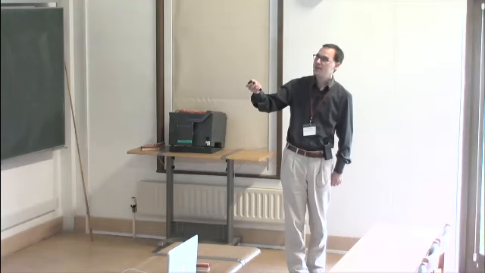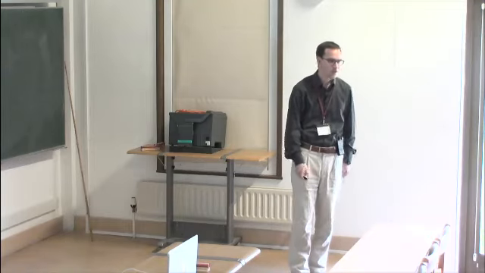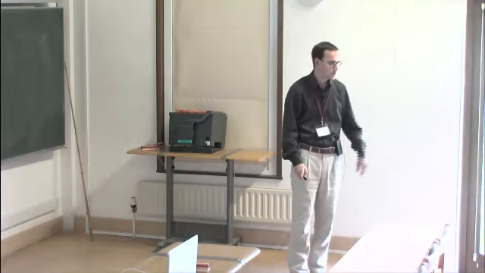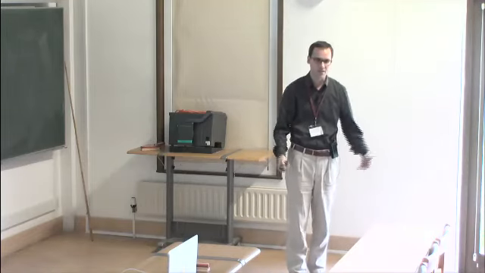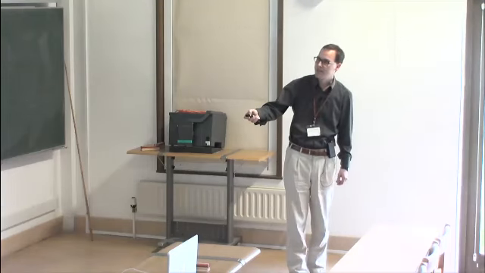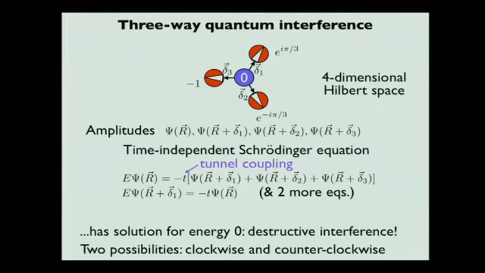So I will display an arrow whose direction is just given by the phase. And so if you want to add these three complex numbers of unit magnitude, you could as well just add these three vectors, and you will see that they add up to 0. So that's destructive interference. So then I get 0 on the right-hand side, so the energy must be 0.